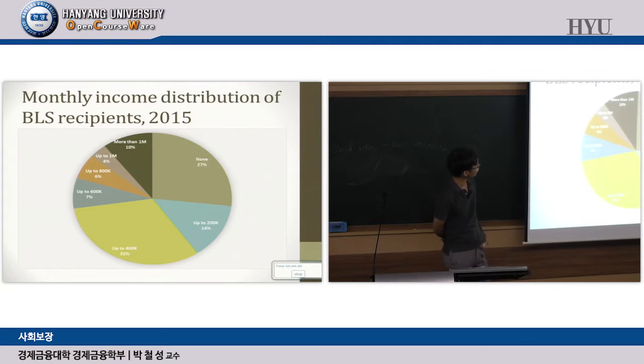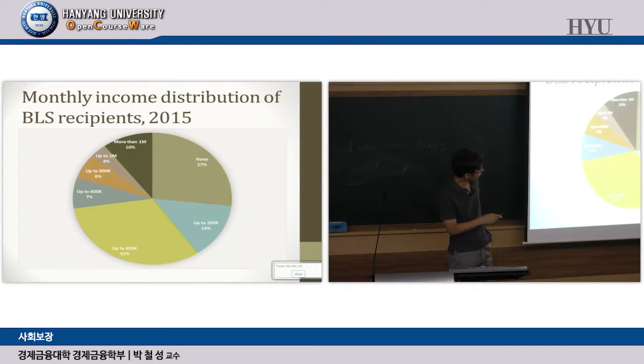So the family income distribution of BLS recipients is, in general, pretty low. This is monthly income. About 1/4 has no income of their own, and this group has less than 200K per month. 14% have 400K.